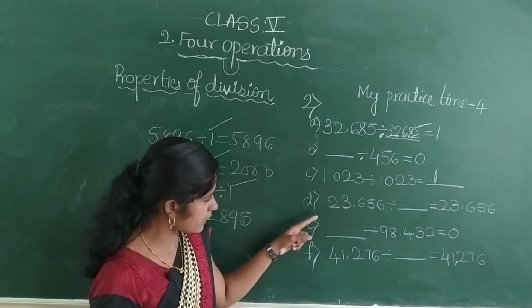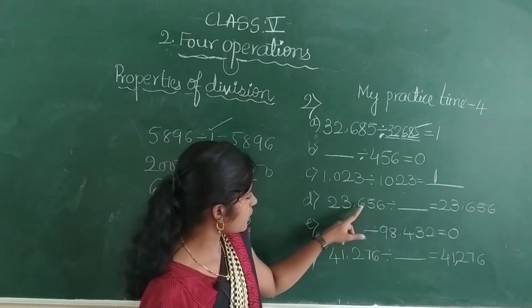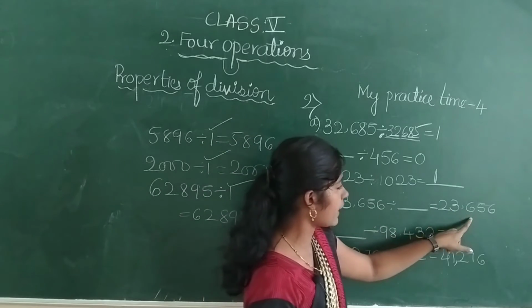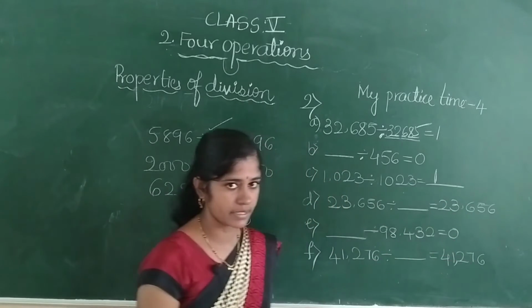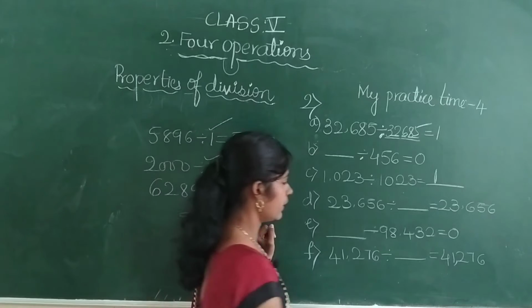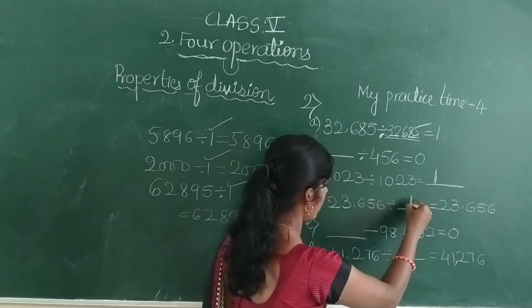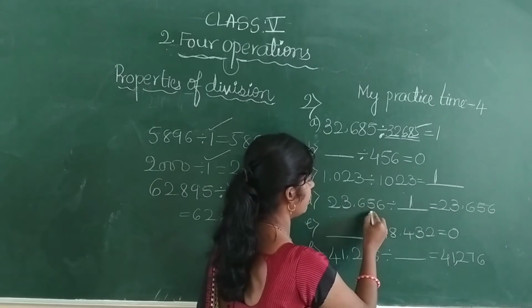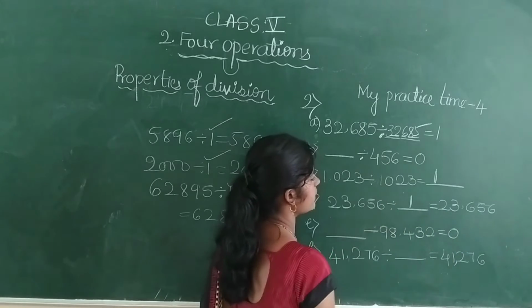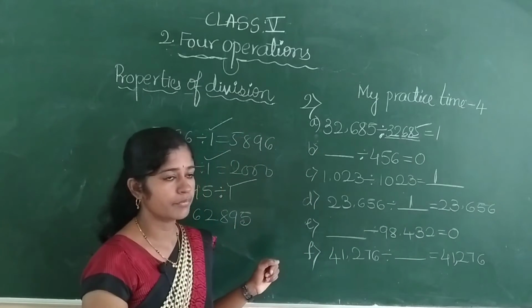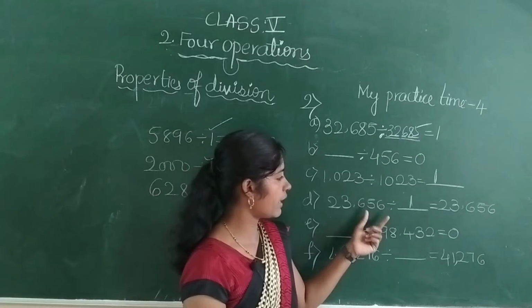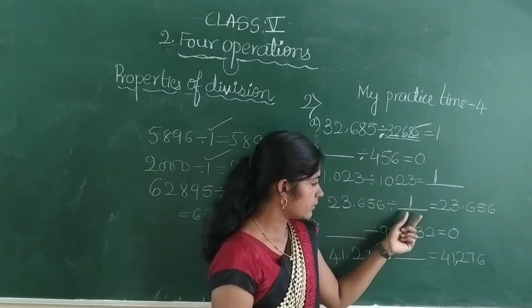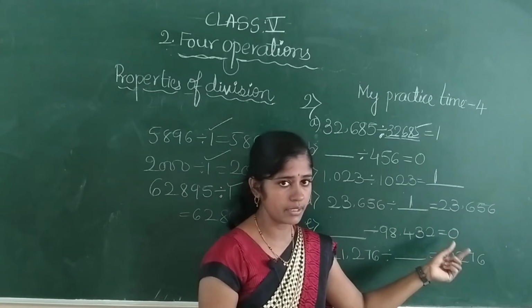Next, here 23,656, and here I got the result, the number itself, that is property number 2. Then what I need to write here? 1. 23,656 divided by 1 is 23,656. When a number is divided by 1, then the result is the number itself.